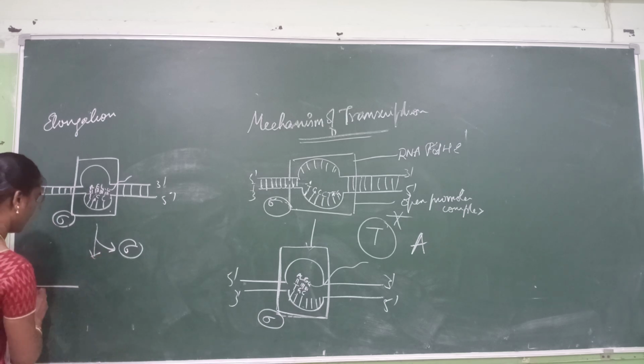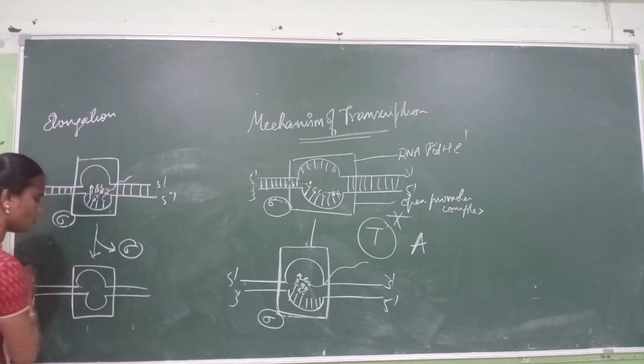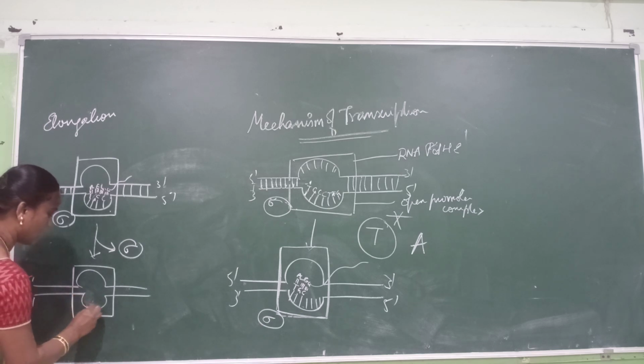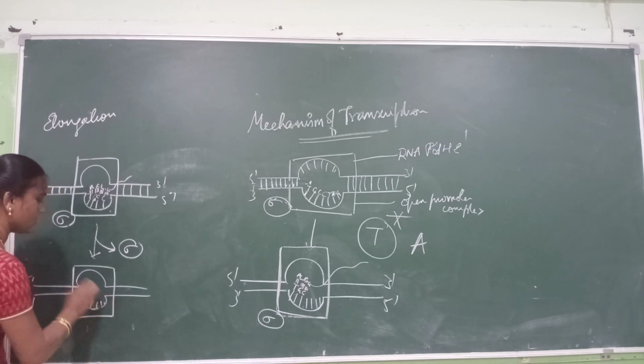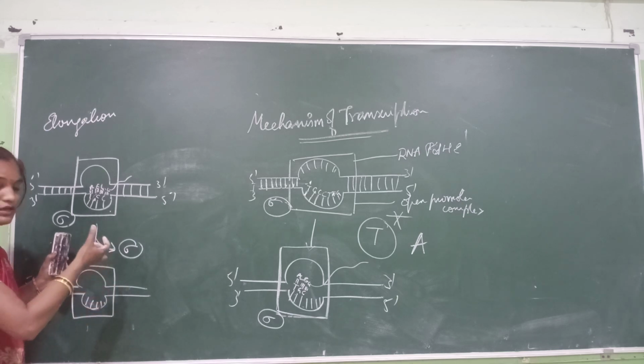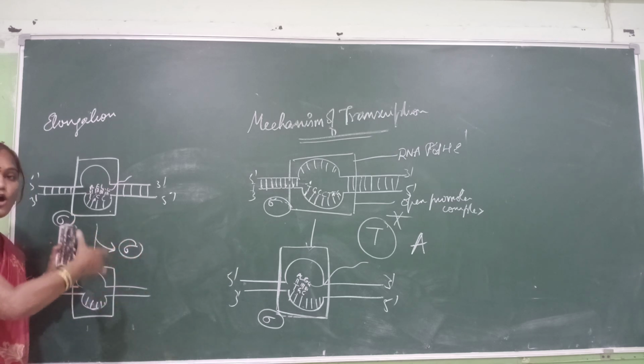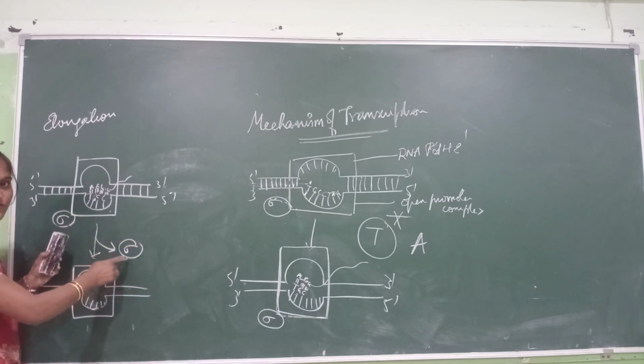In the next step, what happened? The sigma factor will get dissociated, and after dissociation of the sigma factor from the growing chain, there is a loss of polymerizing activity of your RNA polymerase due to the loss of sigma factor.